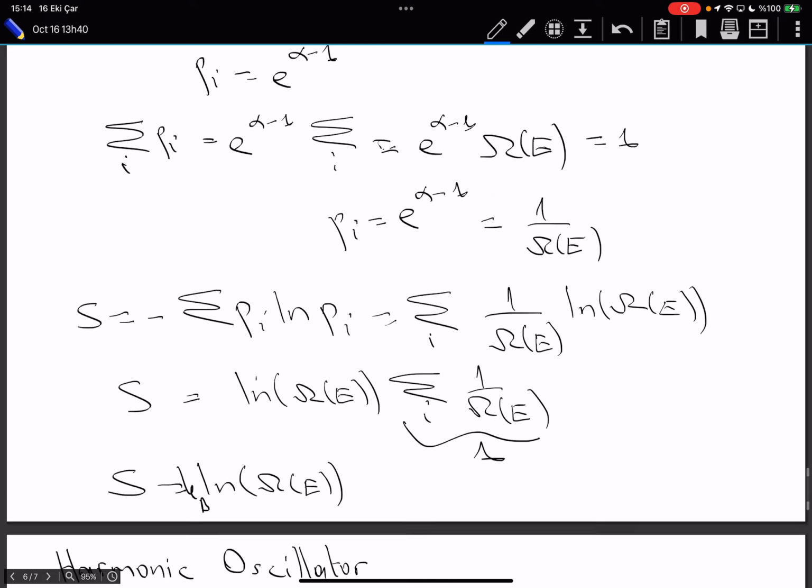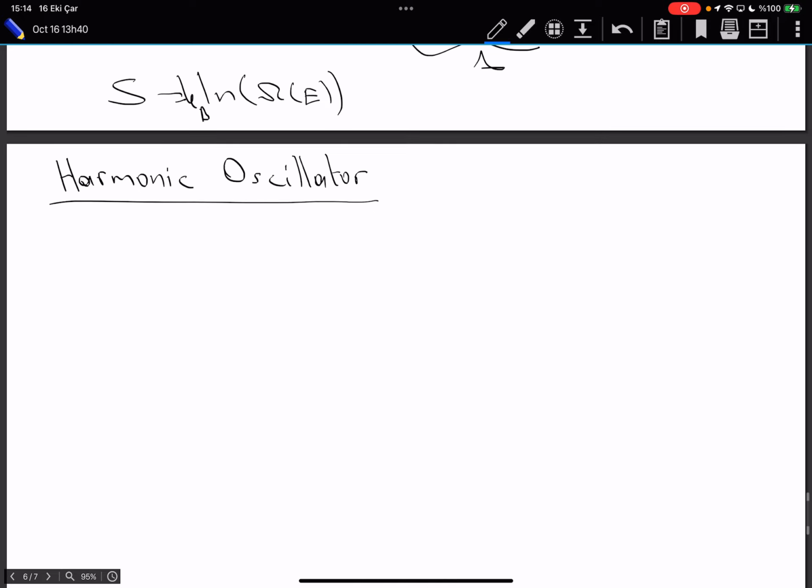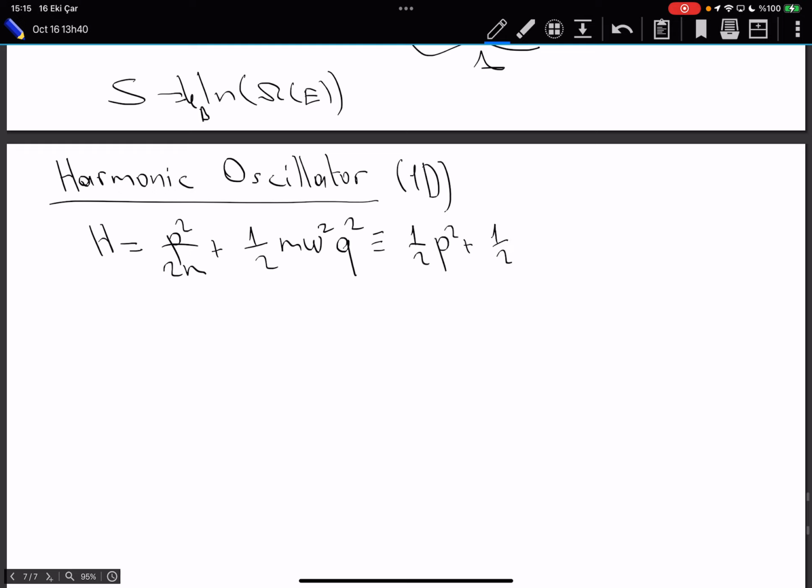Well, let's look at the harmonic oscillator. For simplicity, let's look at the one-dimensional harmonic oscillator. This is a simple system. The Hamiltonian will be given by p squared over 2m plus 1 over 2 m omega squared q squared. Let me just write this as 1/2 p squared plus 1/2 q squared, just changing the normalizations.